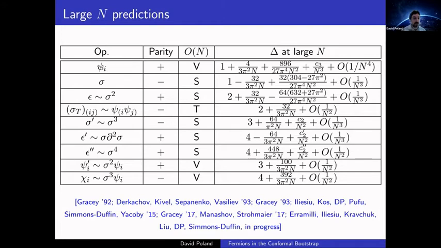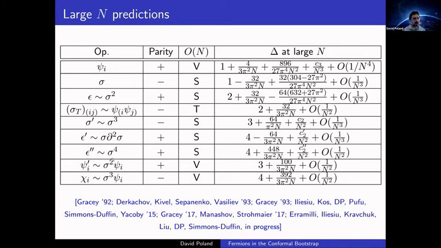For example, the scaling dimension of psi is known to 1 over n cubed. The scaling dimension of sigma is known to 1 over n squared, and similarly for the dimension of epsilon. The scaling dimension of the 2-index symmetric tensor under O(N) symmetry, psi i psi j, I think is only known to order 1 over n, but I could have missed something in the literature.